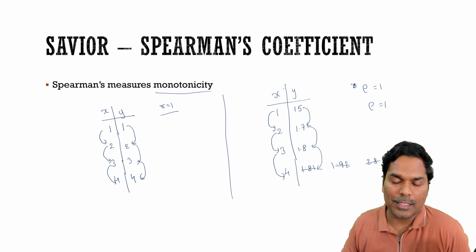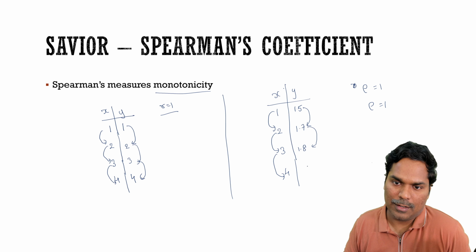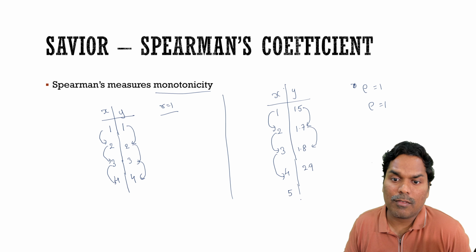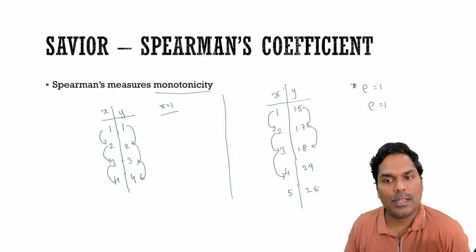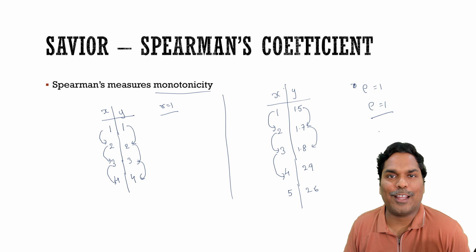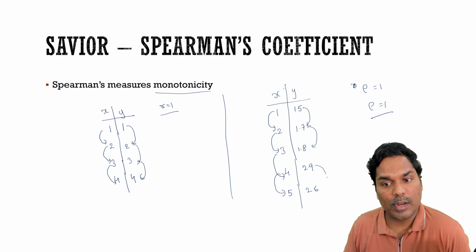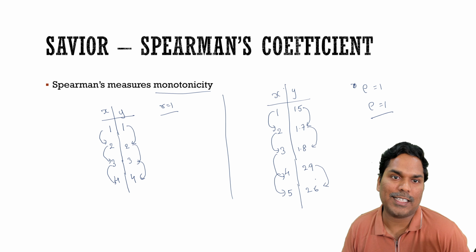But the caveat here is, you may say, Prithvi, how do I recognize? For example, let's say here at 4, it is 2.9. Now at 5, it has to be definitely greater than 2.9. Let's say it is 2.6, for example. Then this rho will get affected, because from 4 to 5 there is an increase, but from 2.9 to 2.6 there is a decrease.